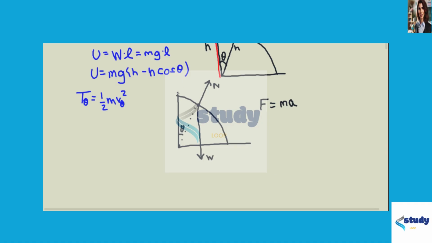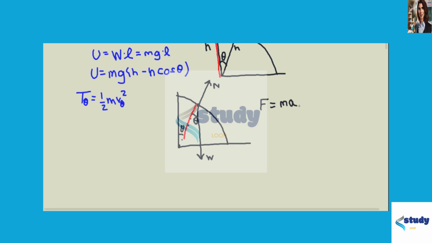But since this block has slid down, there's going to be less of a force acting on the surface because less of the weight is acting. So you're only going to use the component of the force. So you're going to use the weight times the cosine of this angle, which is also this angle. So you're only using this component as your force.